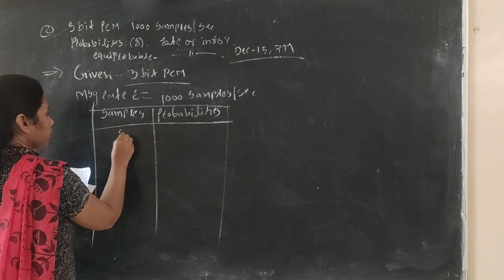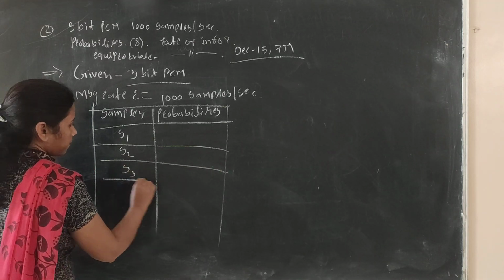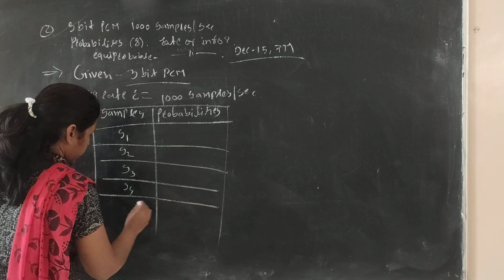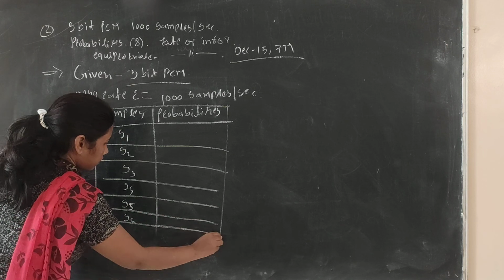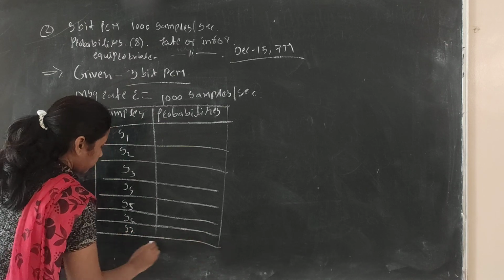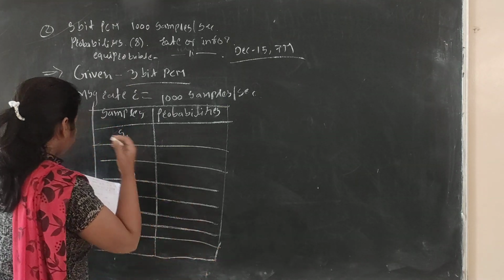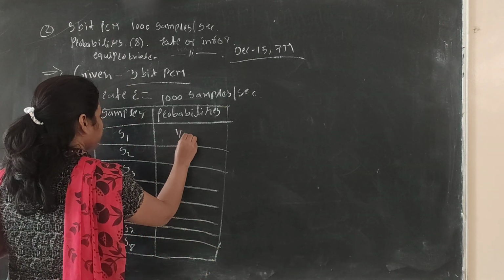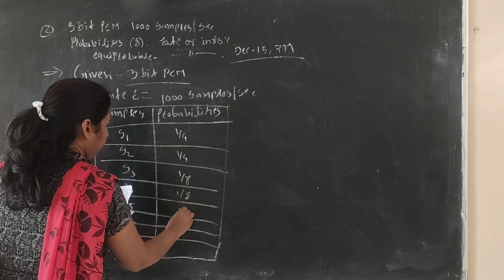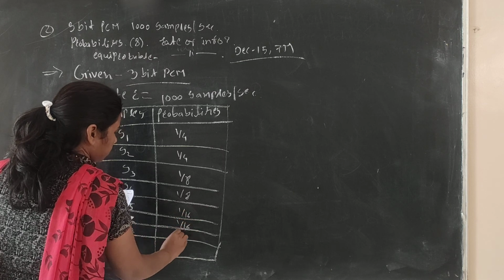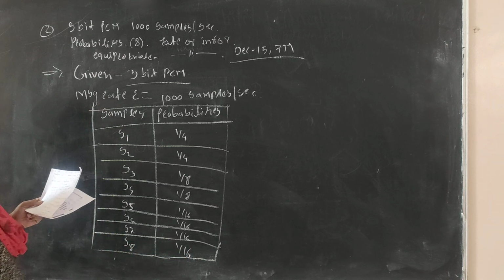The samples are S1, S2, S3, S4, S5, S6, S7, and the last S8, 1 to 8. 8 samples are there. The probabilities are 1 by 4, 1 by 4, 1 by 8, 1 by 8, and 1 by 16, 1 by 16, 1 by 16, and 1 by 16.